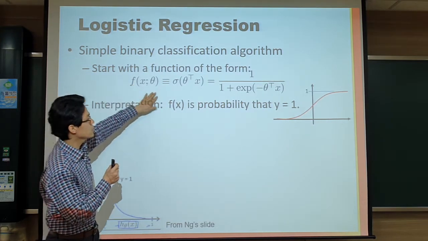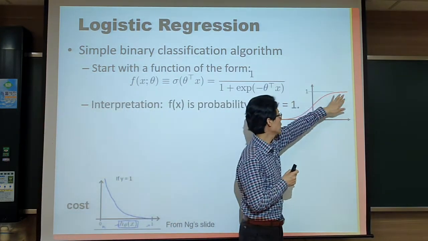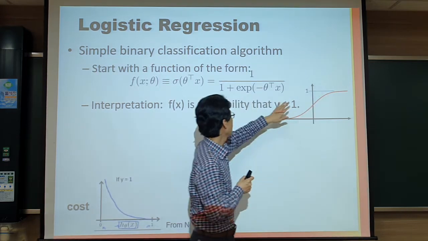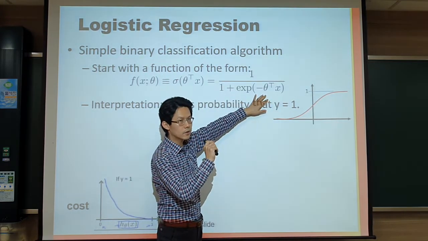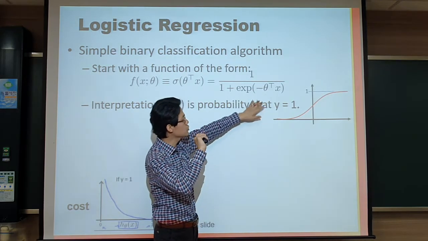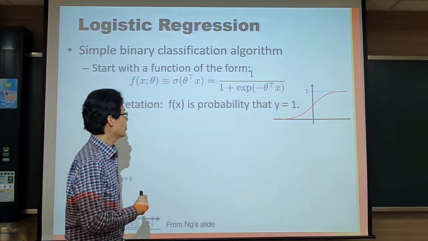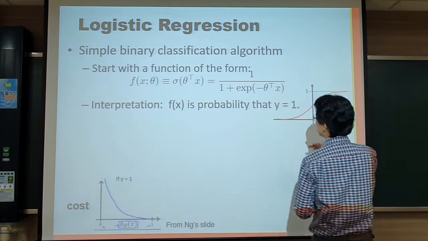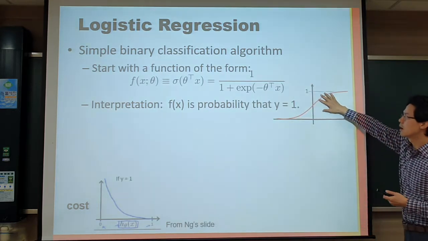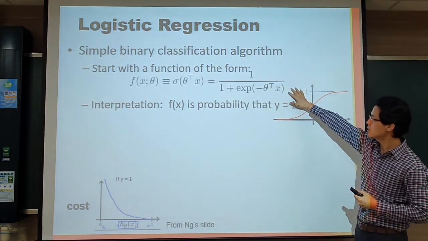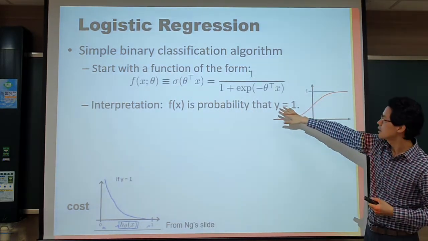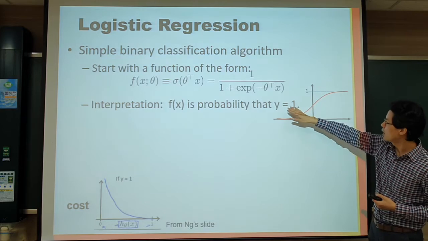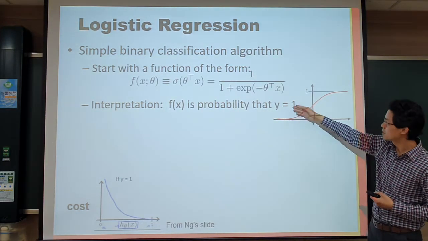The logistic regression looks like this, and theta adjusts the parameter, so we can control the shape of this curve. Basically you can interpret this function such that f of x gives us the probability that the label becomes 1, something like that.